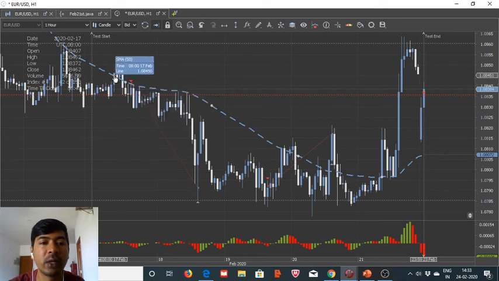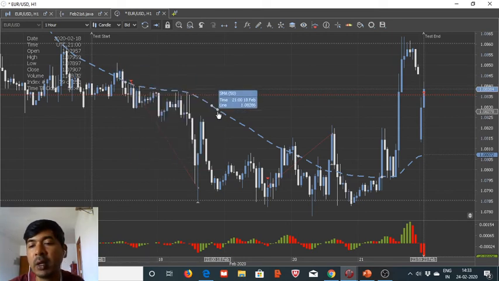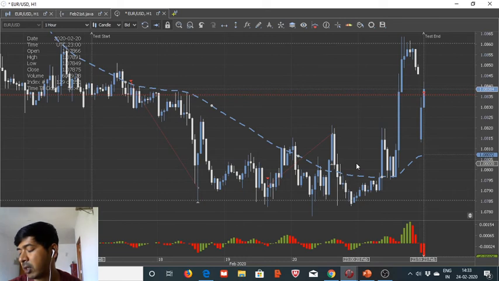We see what was the SMA's value, and if the SMA is falling, then we can say that the momentum is in the bearish territory, and if the SMA is rising, then we can say that the momentum is in the bullish territory. That is one way to go around this thing.